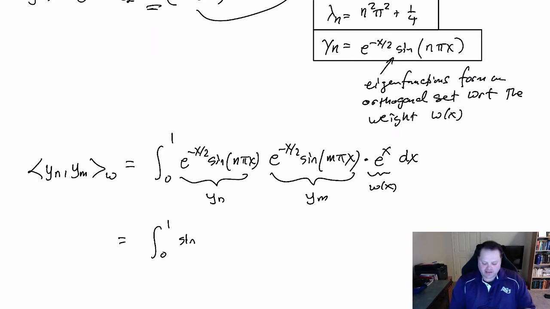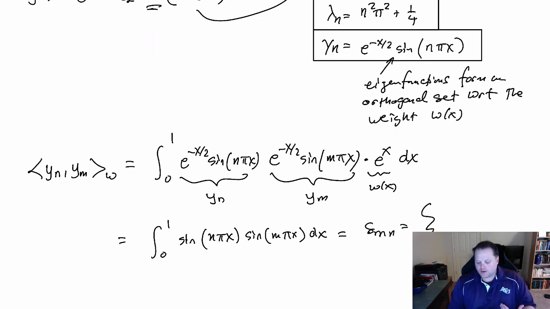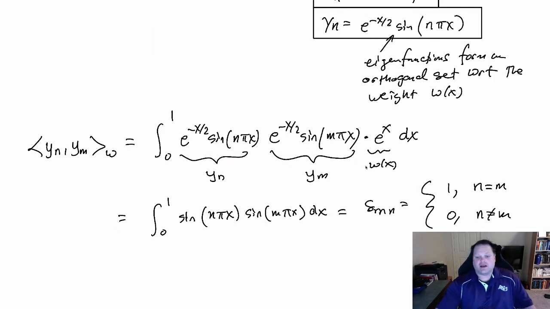So this just ends up being this, which we know from our previous dealings with Fourier series, this thing is 1 precisely when n equals m, and it is 0 when n does not equal m. So this is indeed orthogonality with respect to the weight e to the x.